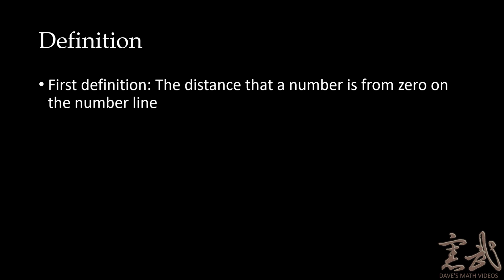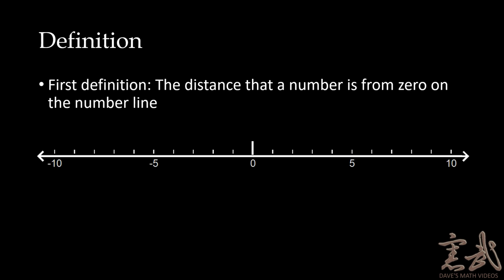So absolute value, what is it? The first definition is that it is the distance that a number is from 0 on the number line. For example, if I wish to find the absolute value of positive 7, that would be equal to 7. 7 steps for me to get back to 0 on the number line.